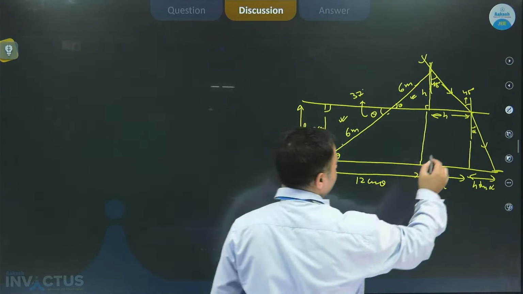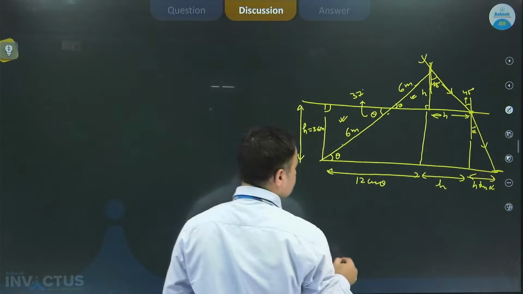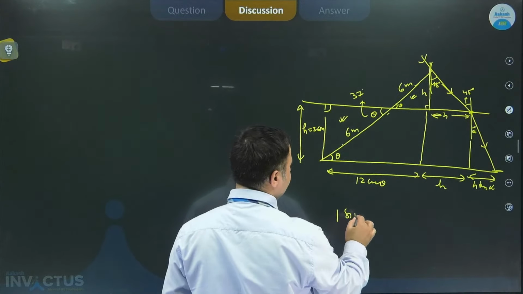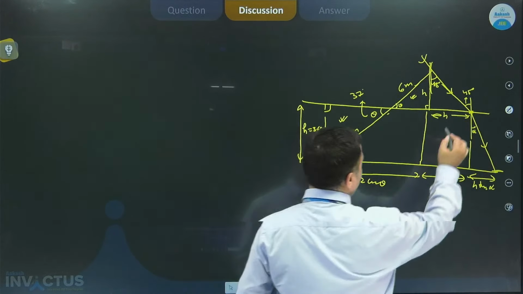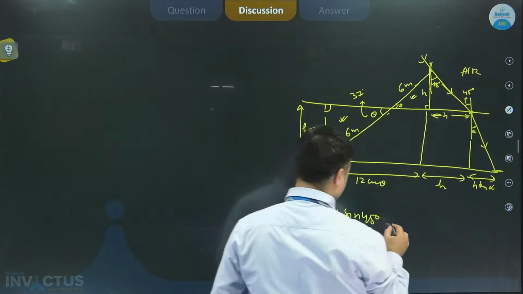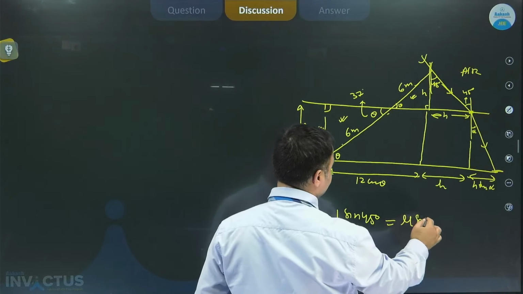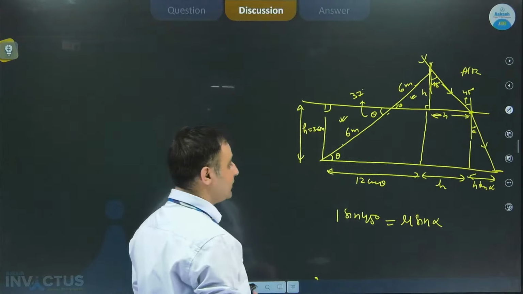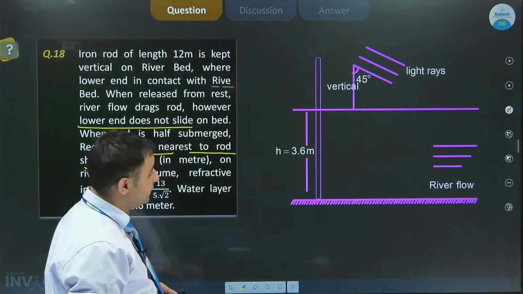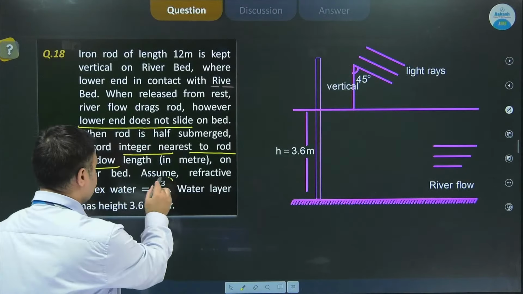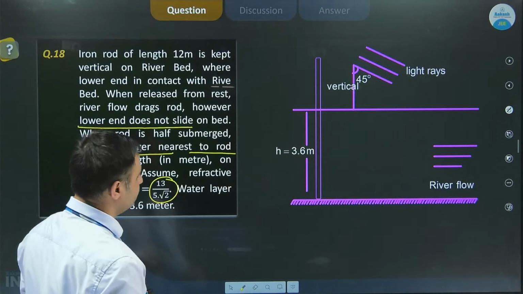For alpha, I am applying Snell's law here. So 1 into sine 45, outside is air, is equal to mu into sine alpha. Now the refractive index of the liquid is given to us. The refractive index is 13 by 5 root 2.